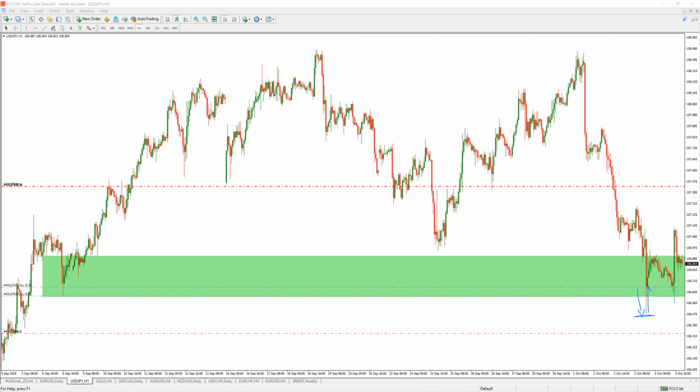So the moment this candle closed, that would have been a perfect entry to the upside, with your stop loss 10 or 15 pips below this low. Can you see where my stop loss is? So when the candle closed, that would have been the perfect entry.